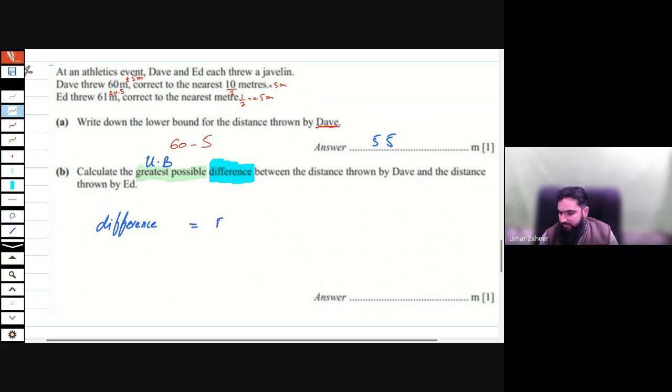We are going to take Ed minus Dave. Now we need to find the upper bound, so we take the upper bound of the first value and minus the lower bound of the second value.